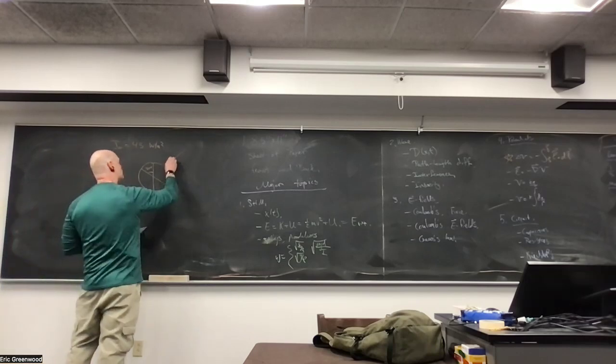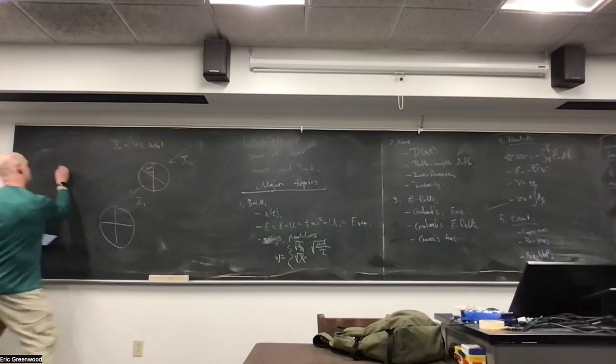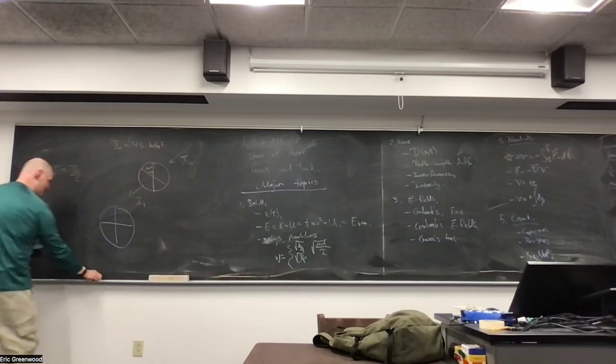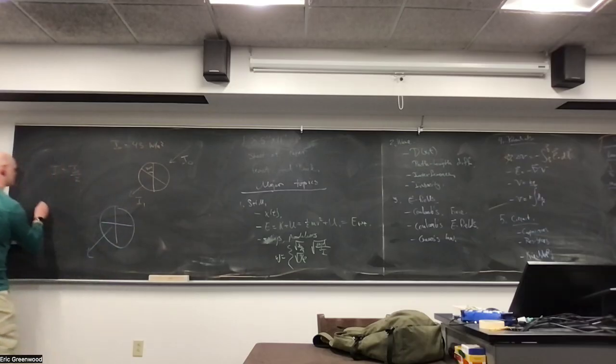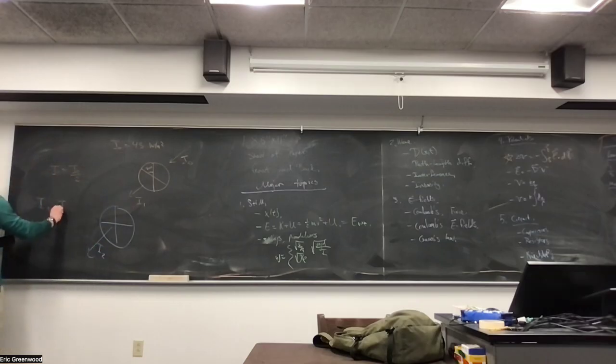So my initial intensity comes in and comes through the first polarizer, giving I1. Since it's unpolarized, I1 is I0 divided by 2. Then it comes through the second, which means I2, by Malus's law, is I1 times cosine squared of theta.